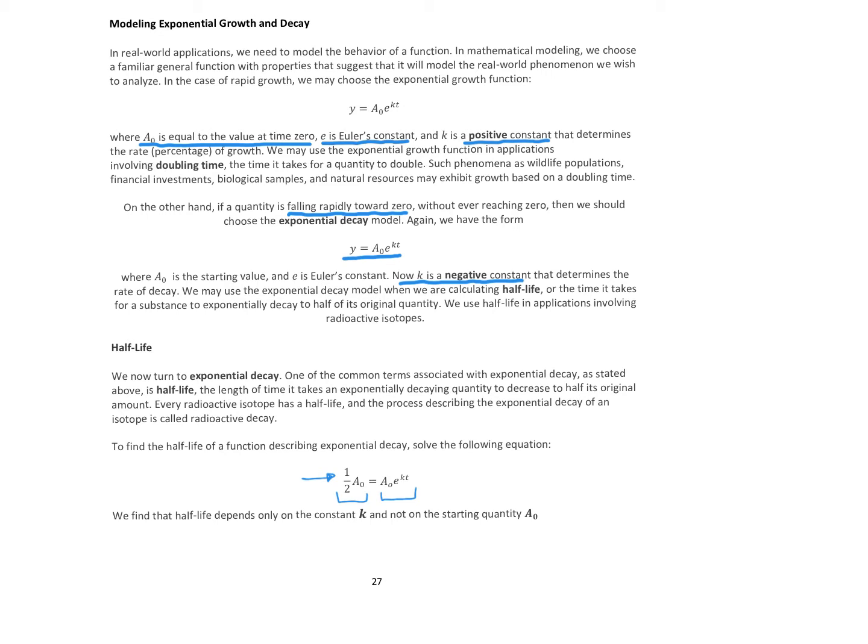When we do this, we divide through by a sub 0, and we get 1/2 equals e to the kt. We now write this in logarithmic form using a natural log because we have the base of e, and we get the natural log of 1/2 is equal to the exponent kt, and then we divide by k, and we get that the time it takes to decay to half the amount is the natural log of 1/2 divided by k.